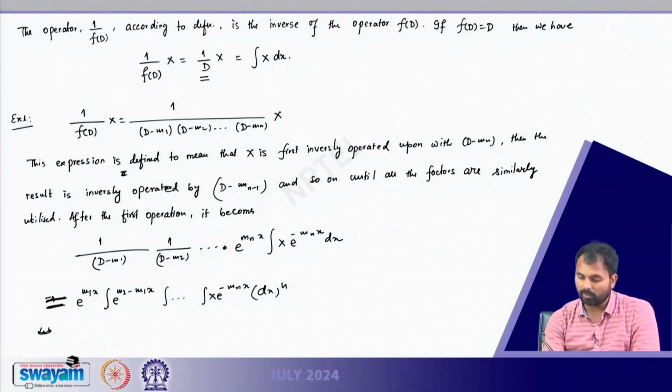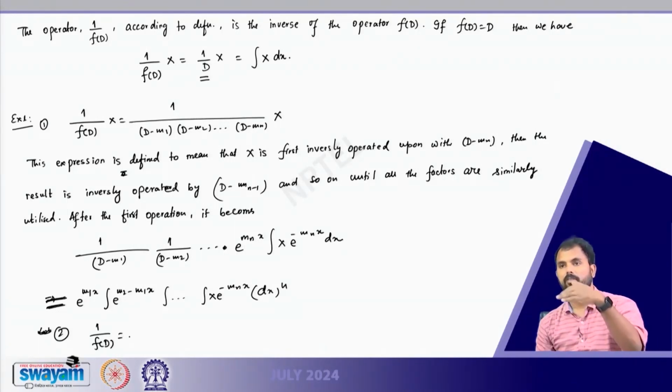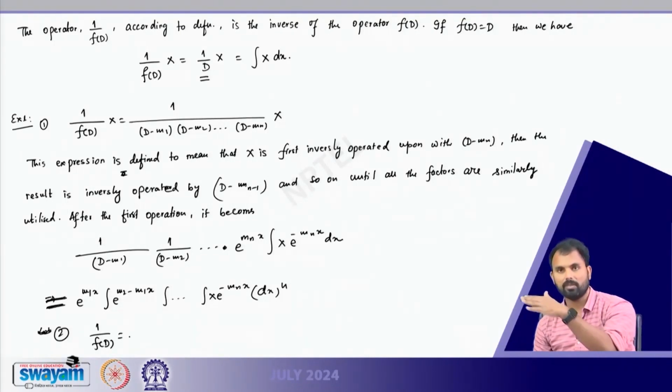This is the first way. Another way to handle this is that suppose with 1 by f(D), we all know partial fractions, right. So you have the fraction 1 by (D minus m1)(D minus m2) and so on.